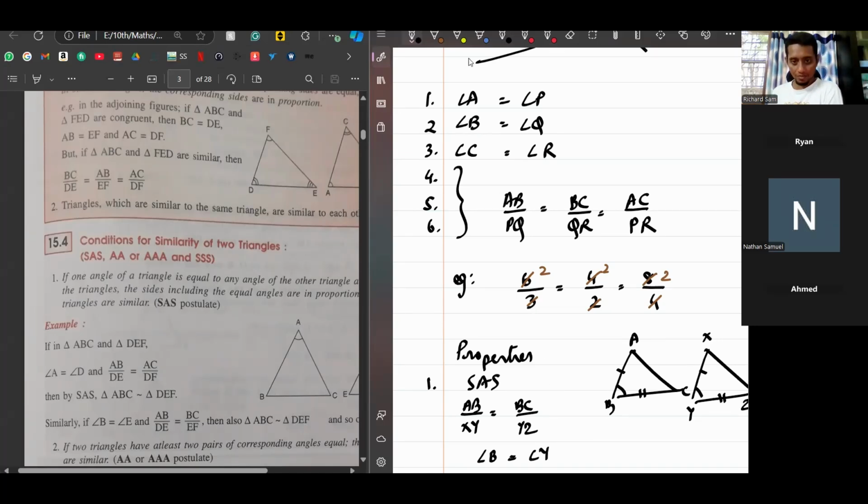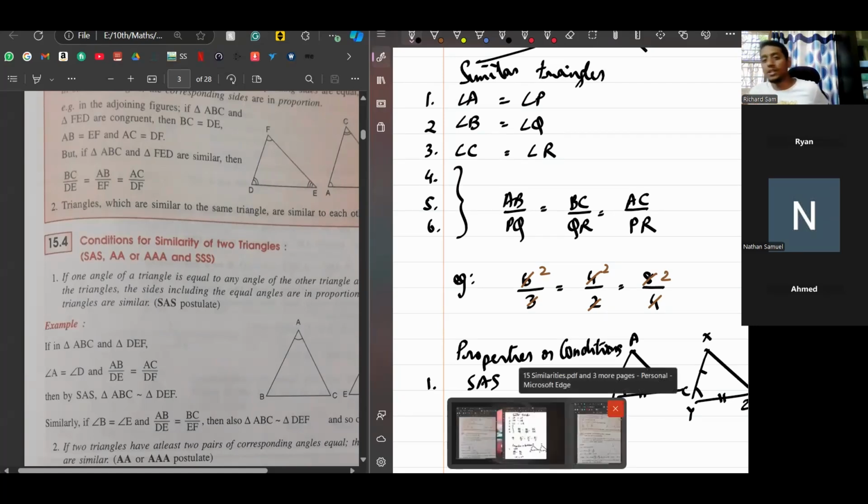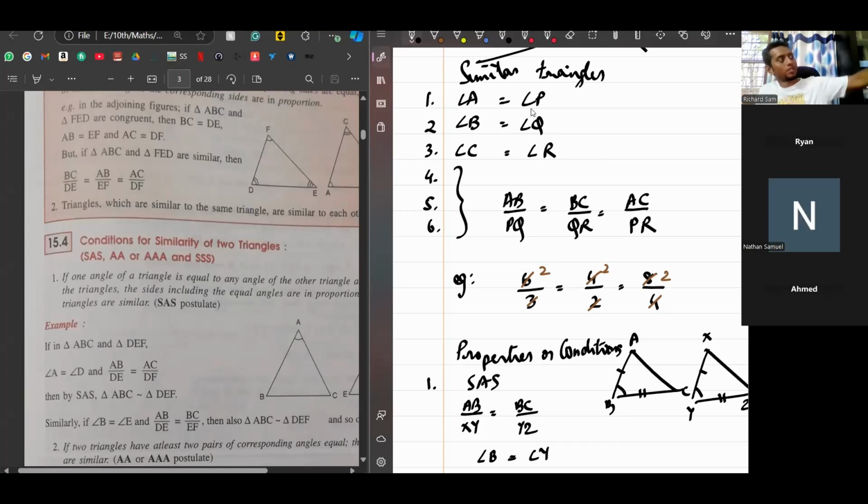All right. Write down this much. Show this much first. Come on, write quickly. First, you're showing that for similar triangles, all these properties should be true. And then we're seeing the first property or condition for similarity.